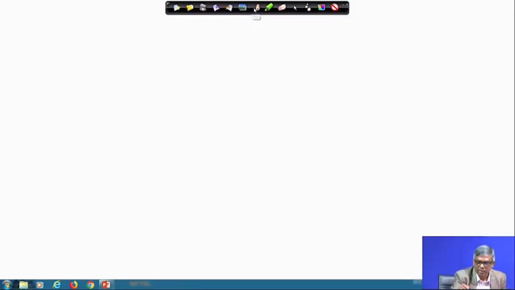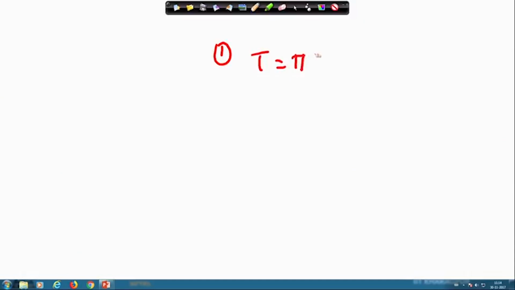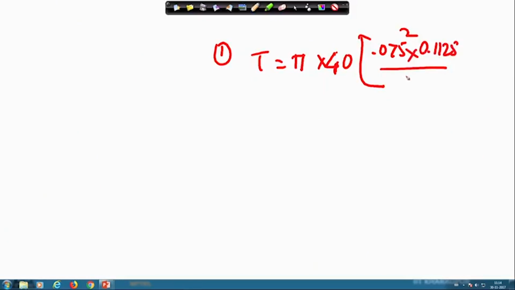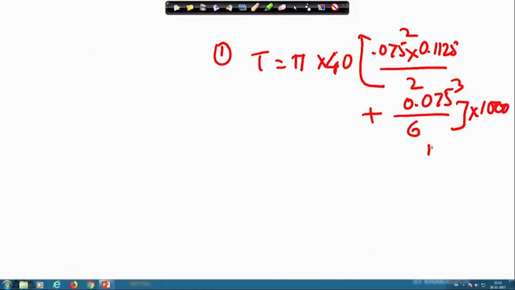For the first expression, T will be equal to pi into 40 into 0.075 square into 0.1125 divided by 2 plus 0.075 cube divided by 6, into 1000 Newton meter. It gives you the value 48.39 Newton meter.